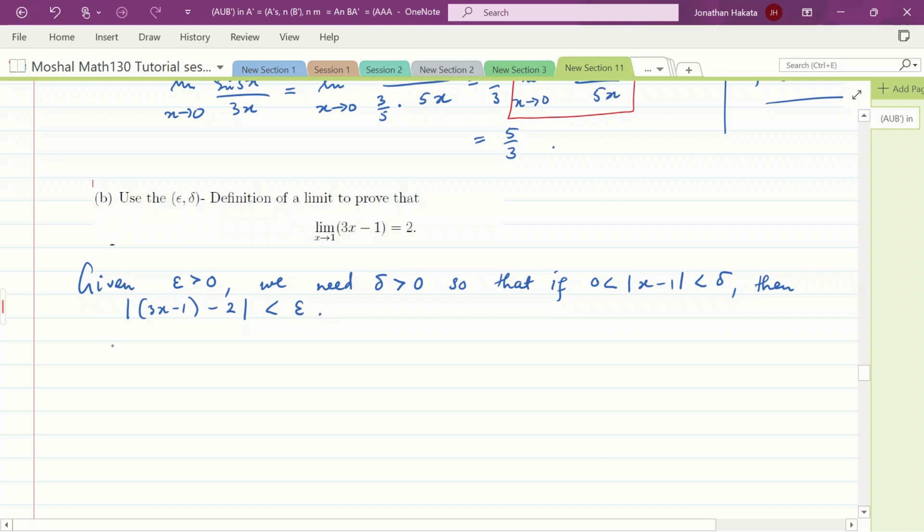We start off from the end and work back until we choose a delta.